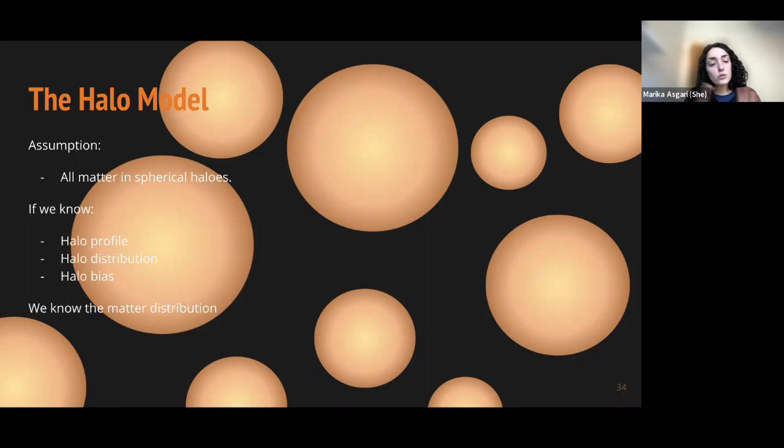So just a little introduction to how the halo model works. We assume that all matter is in spherical halos. So this is the vanilla halo model. And then if we know how these halos are distributed, what their profile is, and how they follow the matter distribution, so the halo bias, then we know how matter is distributed.